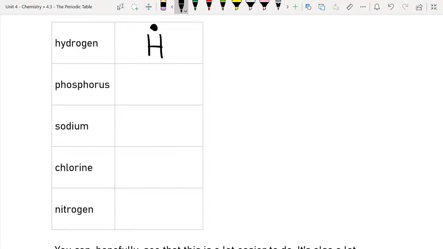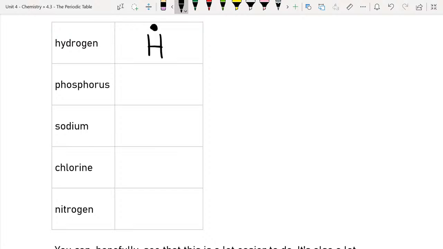Wow, that's pretty good. Nice job. So its first shell will be full, second shell will be full, third shell will be full. Why is this a D? You go 1, 2, 3, 4. Does that make sense?